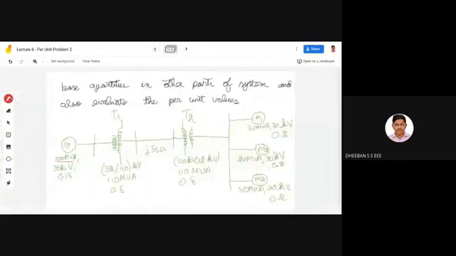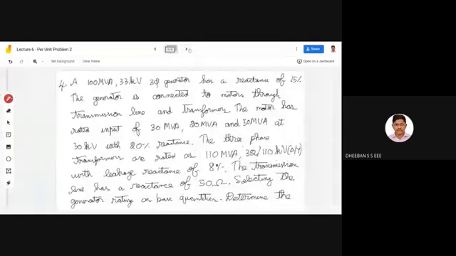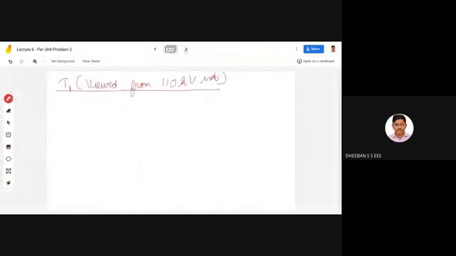Here comes the formula that we have seen in the notes. Revised base kV new will be equal to existing base kV new into your transformer ratio. So for this purpose, you have to use this formula. First you have to find the revised base kV new.